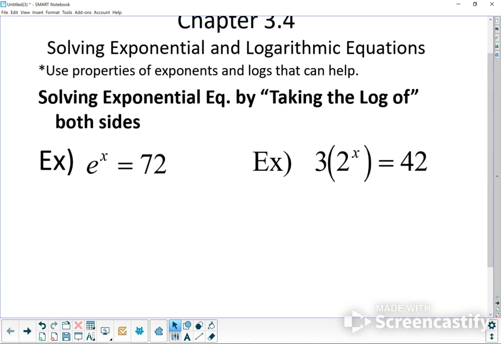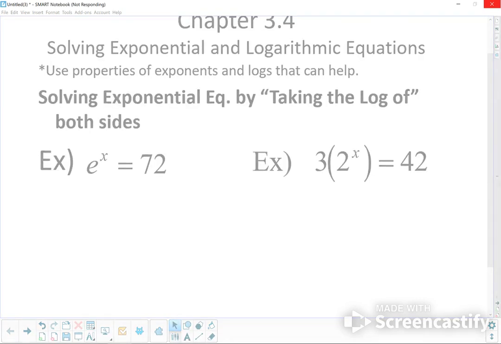If you have a base e to the x power is equal to 72. The inverse of an exponential with a base e is a log base e.